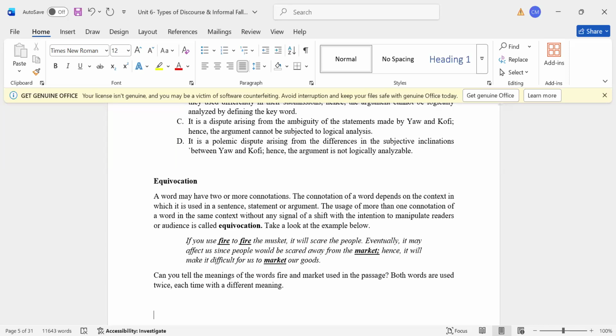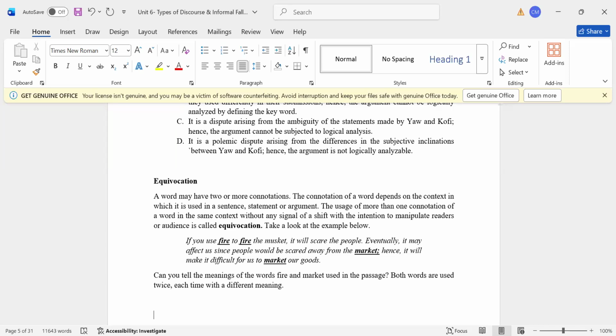Now, when you write, once you use a word, and you want to use that same word again in the same sentence or text, change it to a different word. Otherwise, if you use that same word, especially in one sentence, it creates an equivocation.